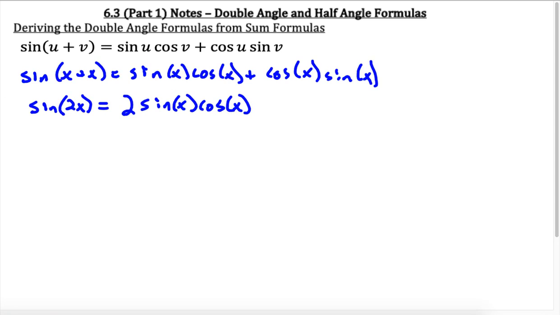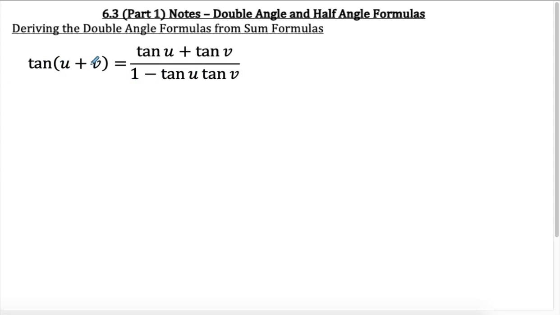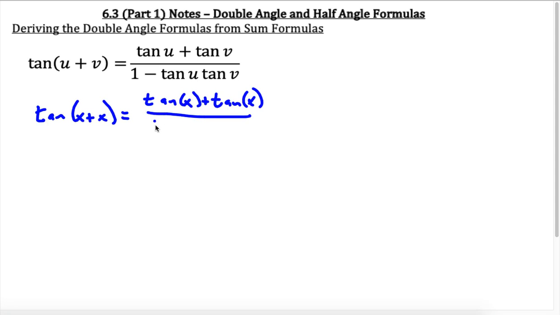We can do something similar for tangent as well. If I take my sum formula for tangent and assume that these are the same angle, so tangent of x plus x, then that'll be tangent of x plus tangent of x over 1 minus tangent of x times tangent of x.